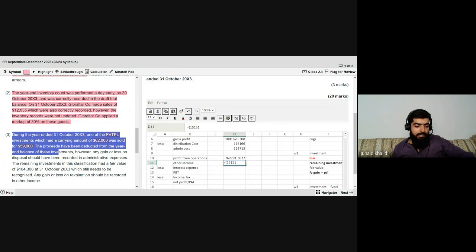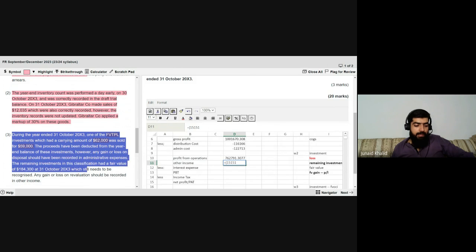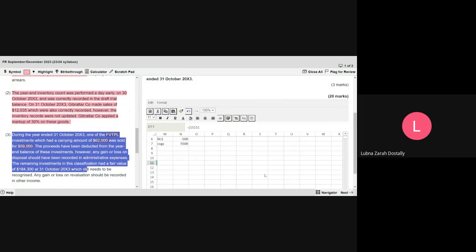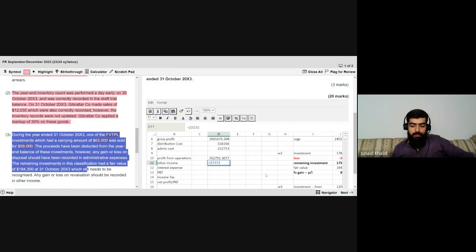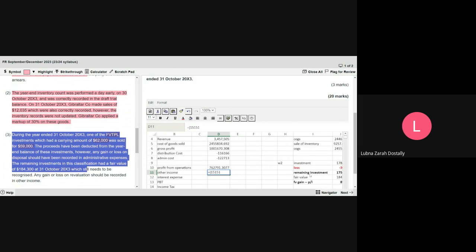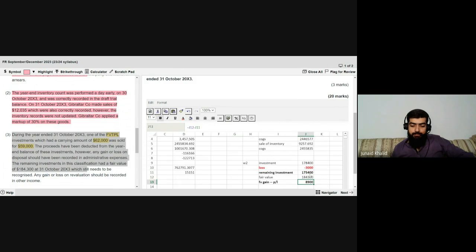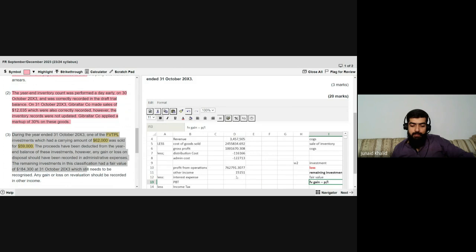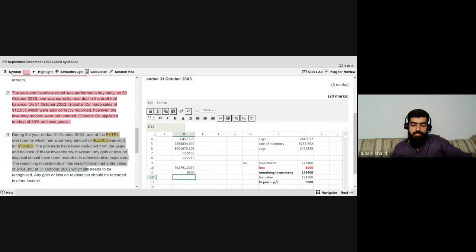We have already recorded that. And there's the fair value gain in the working, here it is, G13. The value of that fair value gain was 8,900. So the other income should have been recorded with the 8,900. For that, I'll be linking the cell.